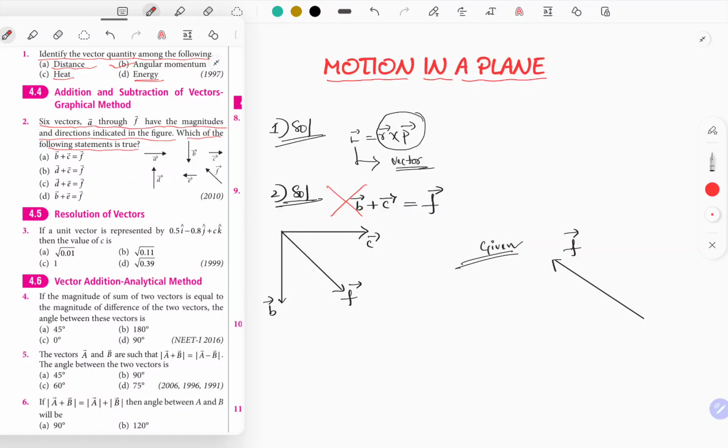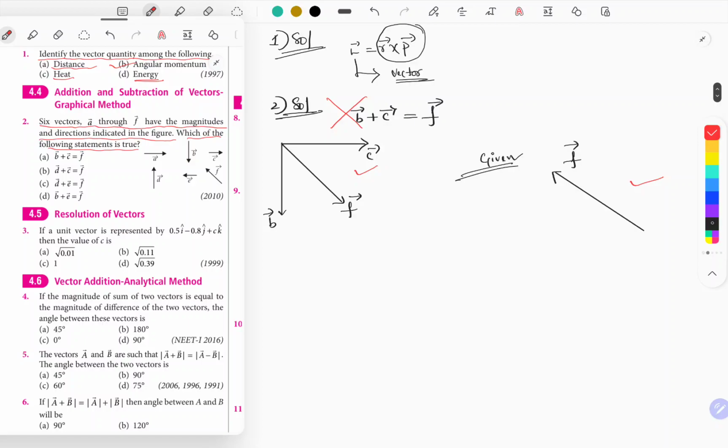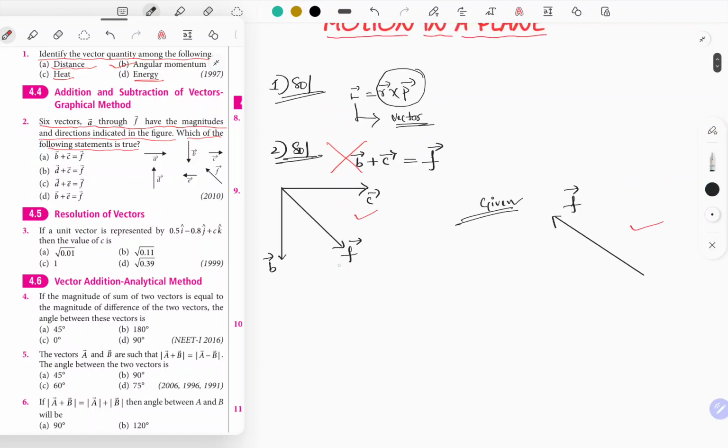I took B bar plus C bar, represented it in vector notation, and got the resultant vector direction like this. But the actual given direction of F bar is like this. So is it following the resultant? No, it is not. That is the reason the given option is wrong. This is how we have to check the remaining 3 options.